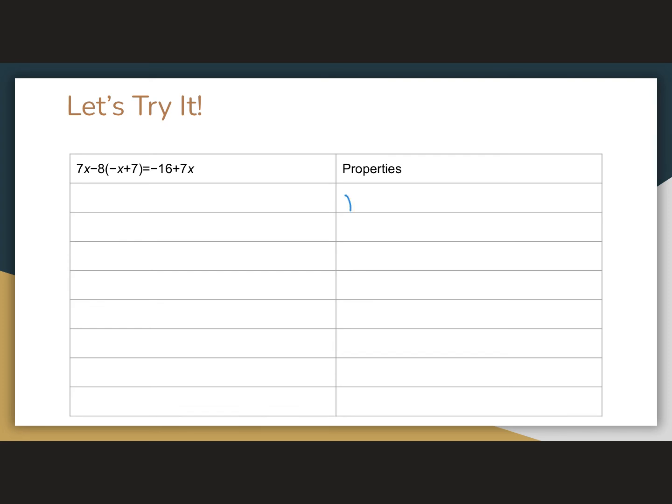The first thing I'm going to do is my distributive property. I'm going to distribute the 8 to those two numbers. So I have 7x minus 8 times negative x, which gives me a plus, because a negative times a negative is positive, plus 8x minus 56 equals negative 16 plus 7x.